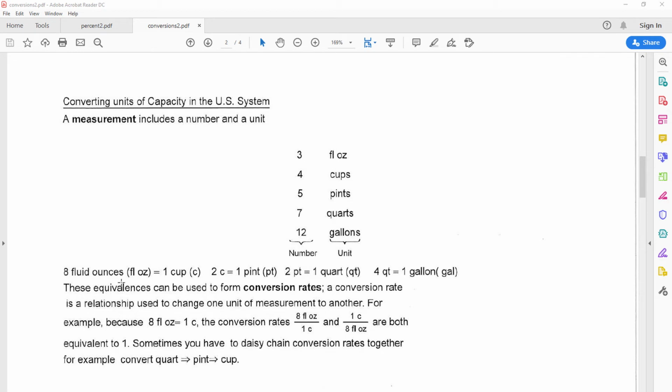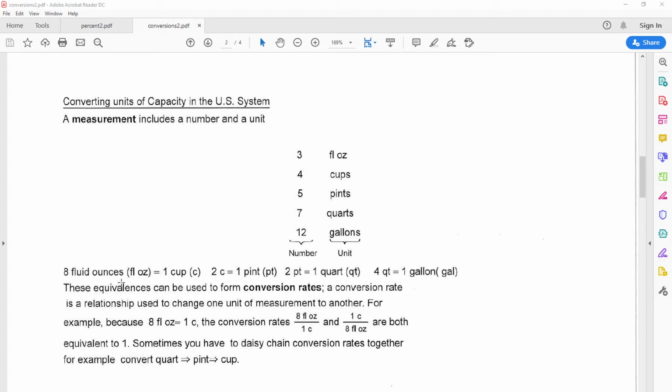From these equivalences, we can derive conversion rates. So, for example, if we have an equivalence of 8 fluid ounces to 1 cup, we can have two rates from that. 8 fluid ounces to 1 cup, and 1 cup to 8 fluid ounces. Both of them are equivalent to one.